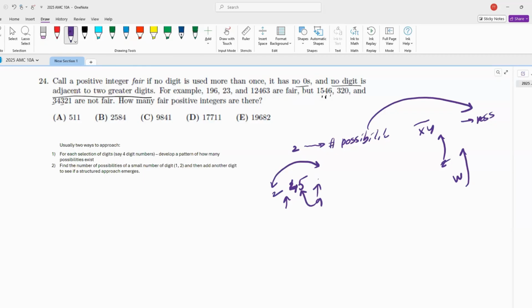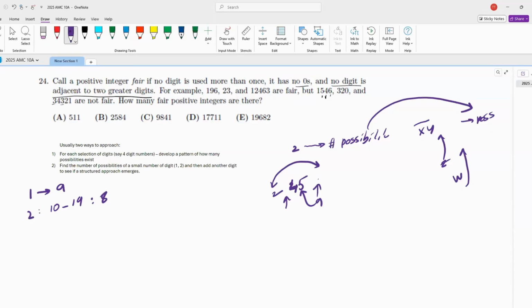So I'm going to start with, let's say, 1-digit numbers. 0 cannot be used, so essentially there are 9 possibilities. If I look at 2-digit numbers, from 10 to 19, I cannot use 0, and any digit cannot be repeated. So that excludes 10 and 11, which gives me 8 possibilities.